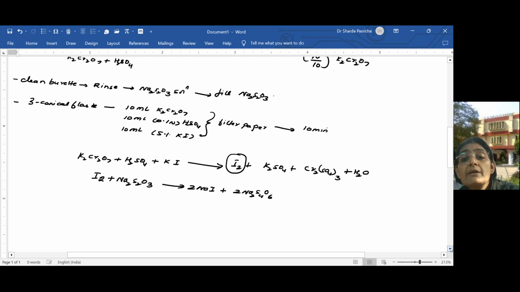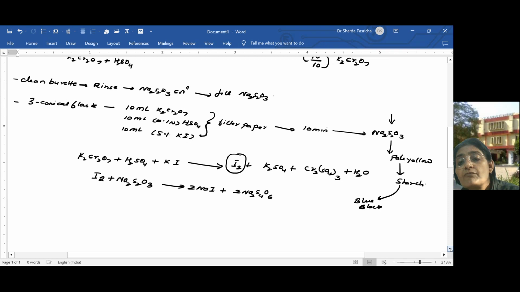So what you do is, after 10 minutes are over, you start adding sodium thiosulfate solution from the burette until the color of the solution becomes pale yellow. Then you add starch as the indicator, which will change the color to blue-black.